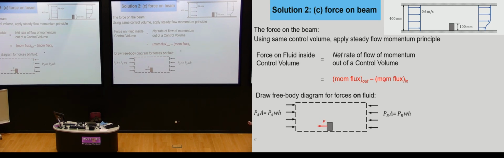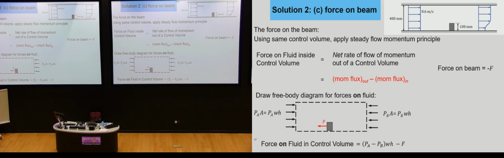So we can now write our equation for this momentum principle. The force on the fluid in the control volume is equal to P_A minus P_B times the area, which is W times H, minus this force from the beam on the fluid.